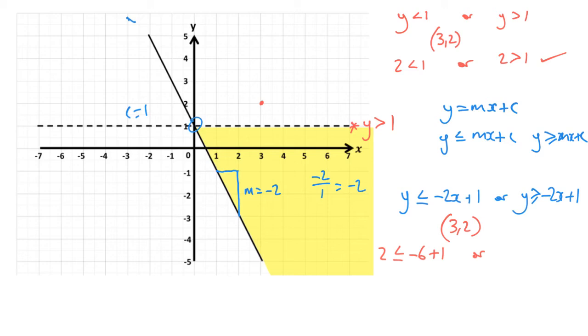Y, which was 2, is going to be bigger than or equal to minus 6 plus 1. So they work out to be 2 is less than or equal to minus 5, which is not true, and 2 is bigger than or equal to minus 5, which is true. So that means the inequality is y is bigger than or equal to minus 2x plus 1.